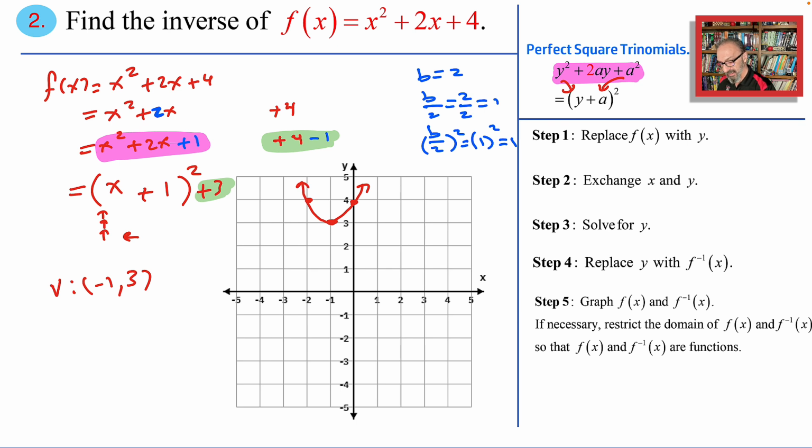Now we came up with f inverse of x, which was minus 1 plus, without the plus minus, the square root of x minus 3. That is a square root shifted to the right 3 units and shifted down 1 unit. So we have a square root that starts right here and goes through this point.